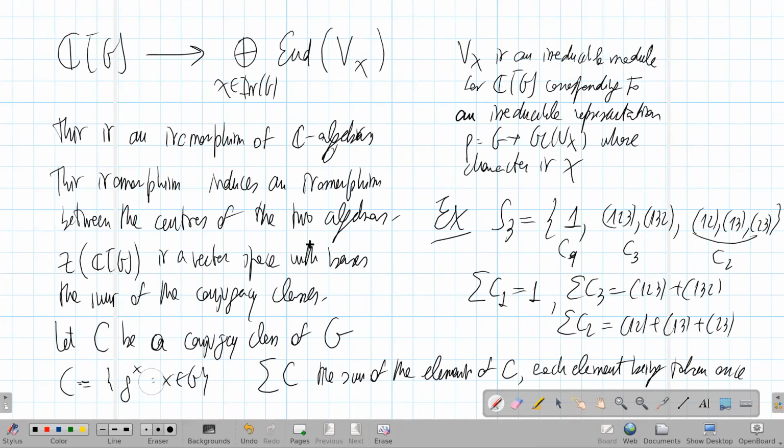Okay, the isomorphism induces an isomorphism between the centers of the two algebras, and the center of the group algebra is a vector space with bases given by these conjugacy classes. So let's consider an element in the center of the group algebra. How can we write this element?